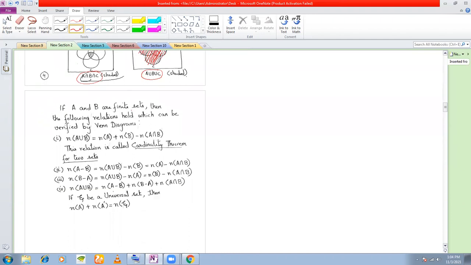Fine. Now we move on to a very important relation, which you must remember. That relation is called the cardinality theorem for two sets. There is a cardinality theorem for three sets also, which you are not expected to remember, but you must remember the cardinality theorem for two sets. If A and B are two sets, then according to this theorem, cardinal number of A union B must be equal to cardinal number of A plus cardinal number of B minus cardinal number of A intersection B. This is called the cardinality theorem for two sets.